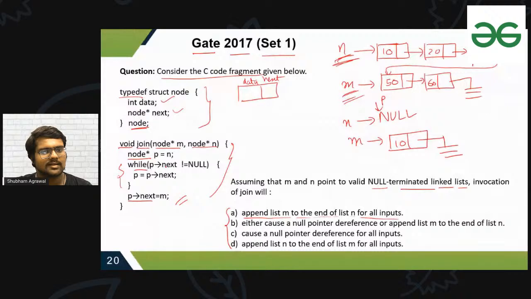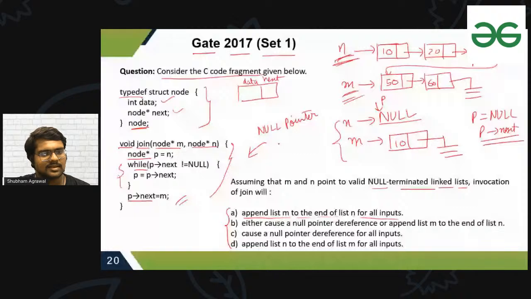Since p is null, and we are doing p of next, it will raise a null pointer exception. So for some inputs, this code is giving a null pointer exception. We are accessing a member of null here, so we will get a null pointer exception.